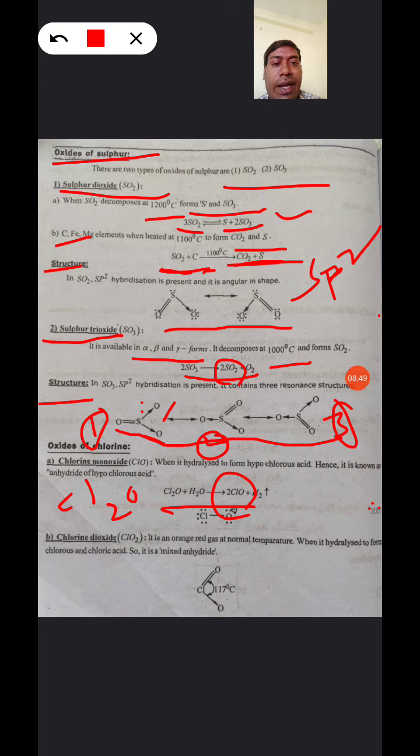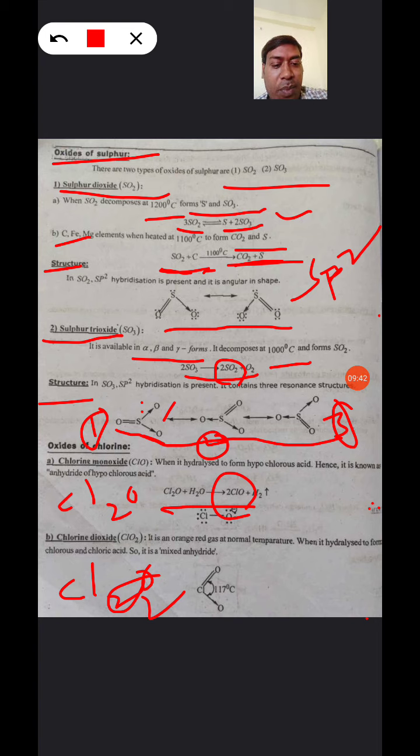The next one, chlorine dioxide. The general formula of chlorine dioxide is ClO2.